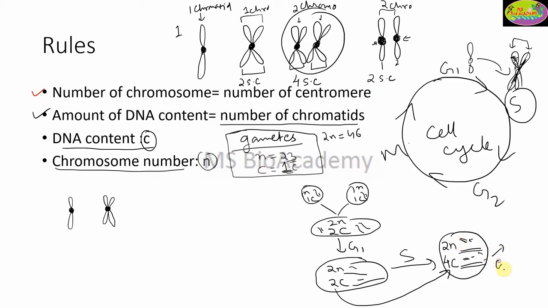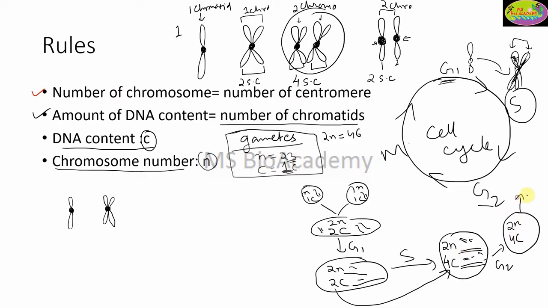Similarly, let's go for the G2 phase. In the G2 phase also it will remain the same, because in G2 phase nothing happens to the DNA content or chromosome number, it is just a growth phase, right? G2 and G1 are just growth phases, so there is no change in the chromosome number or DNA content. Only in the S phase does the DNA content get doubled. So here also, since in the S phase the DNA content was 4C and the chromosome number was 2N, here also 2N and 4C will remain.